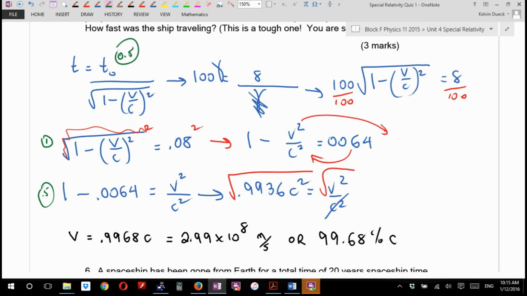And I'd probably give you a half mark if I saw that line. And a half mark for the answer. But if you use the v equation, you got the same answer. And if you went straight there, that's good. You got your 3 out of 3.